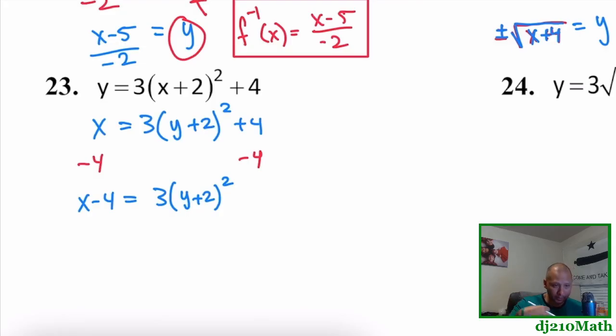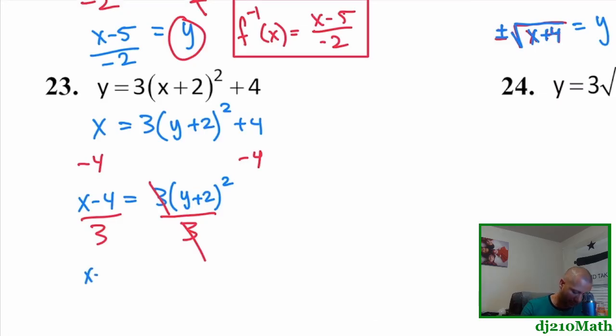Now that I got the 4 out of the way, now I can divide by 3. And then here your options are divide by 3 or take a square root. Well, if I take a square root, notice the 3 is under the square root. So who wants to deal with that? It's doable, but are you nice enough to realize that? So I'm going to divide by 3. Cancels on the right.